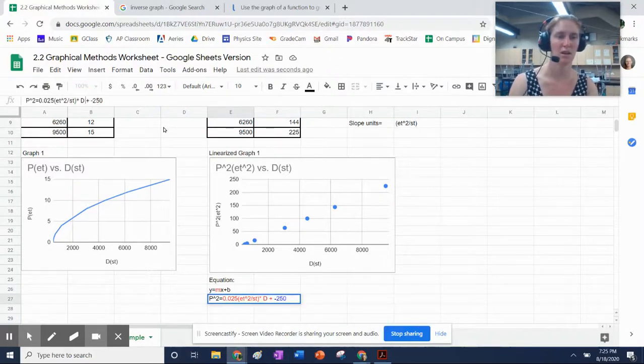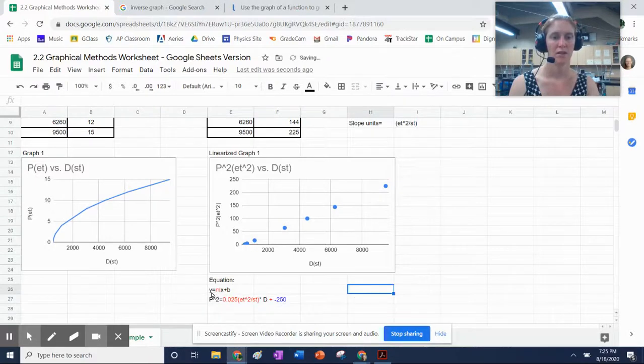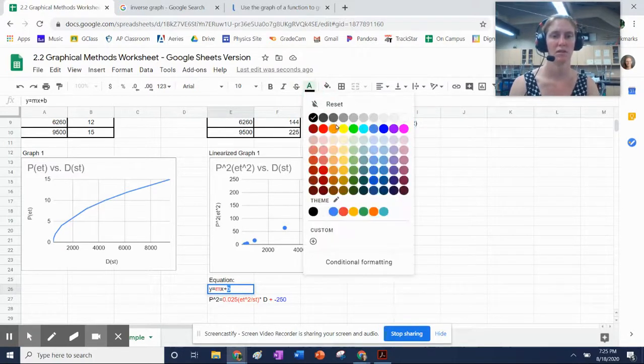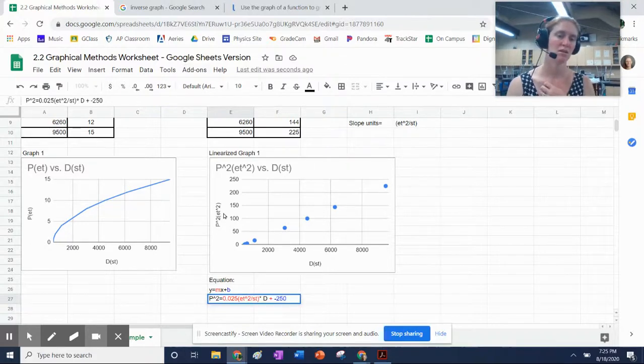So I have my y equals my slope times my horizontal variable d plus b, where b is my y-intercept. And I need units on this b, so let me show you how to do that. Here my y variable has units of ET squared, so that means that my y-intercept will also be ET squared.